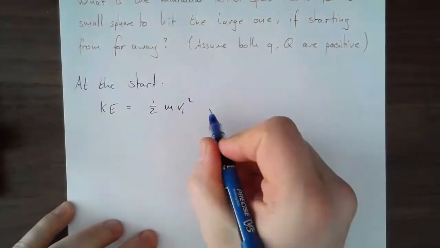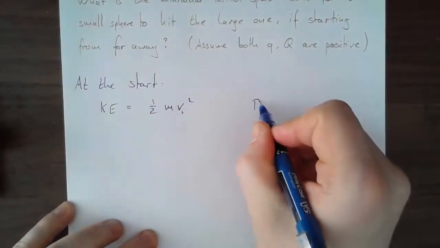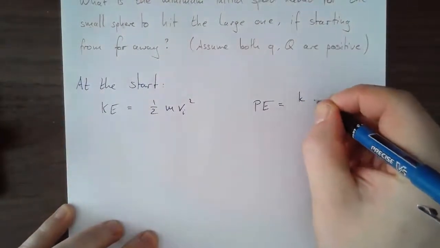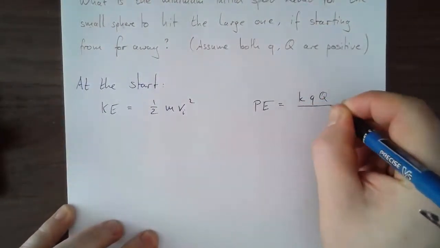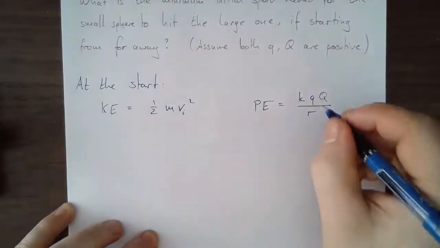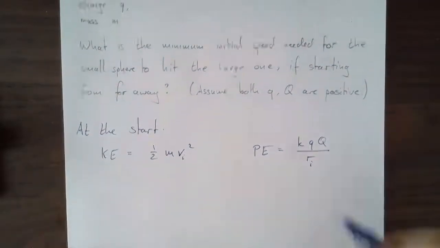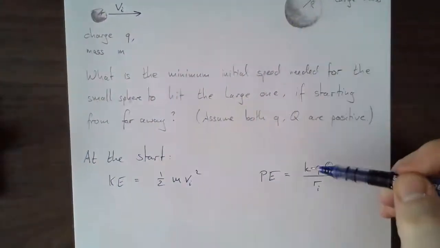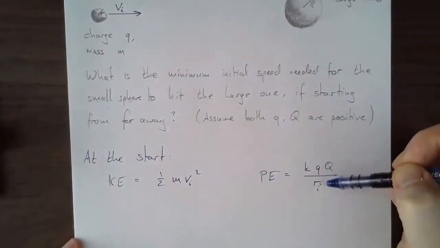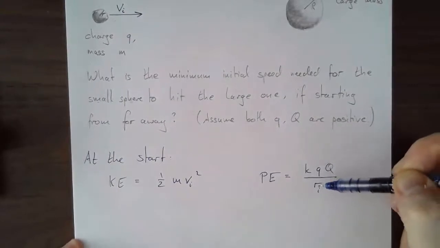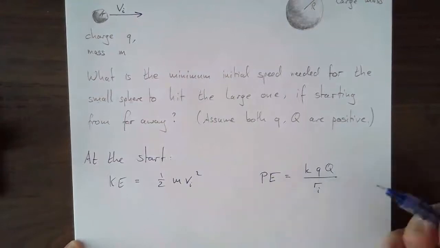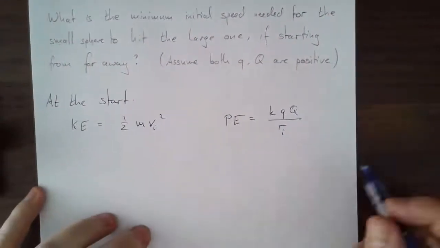So this one, and then I could add the potential energy. Well, the potential energy is going to be K Q q over R initial. So I don't want to use little r, which is the radius of the sphere, right? So I'm not just going to write r. It would be misleading, or really wrong if someone might think it's this r. It's the initial separation, maybe I should annotate this.